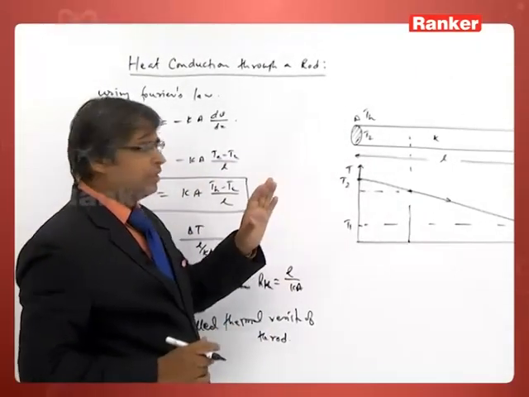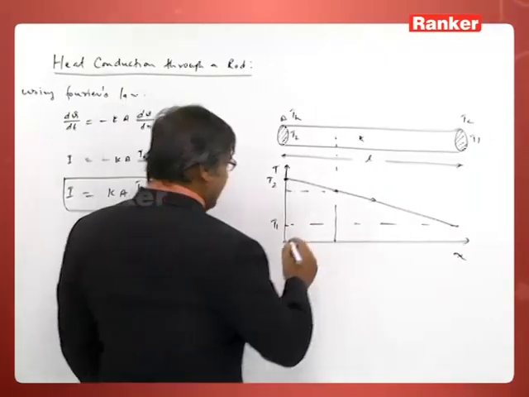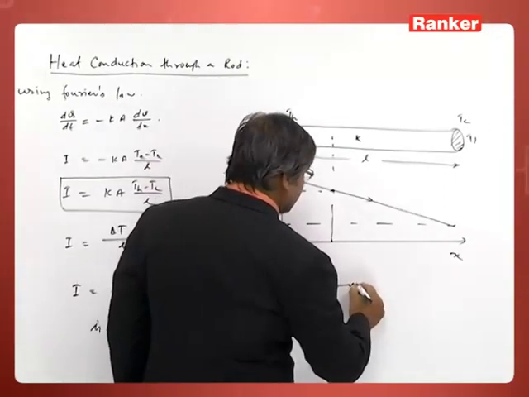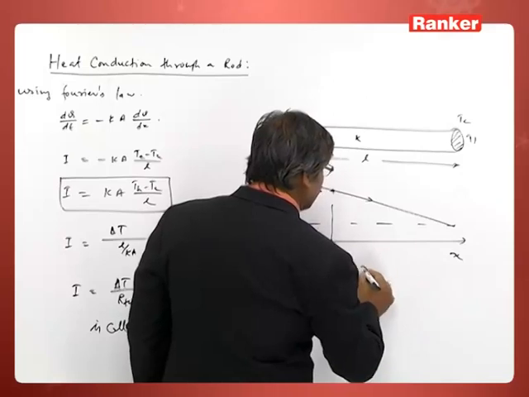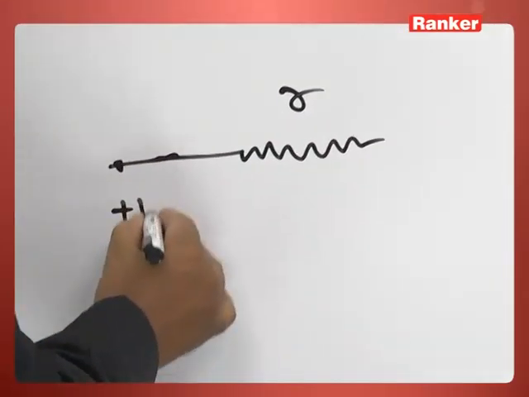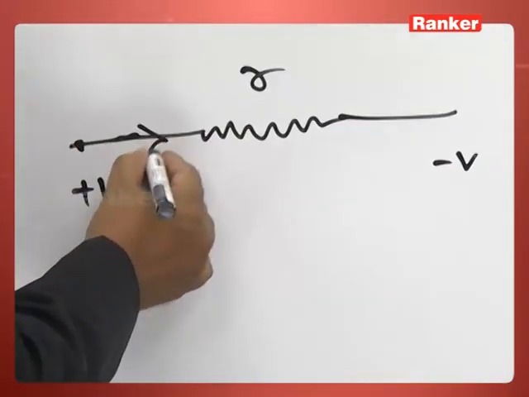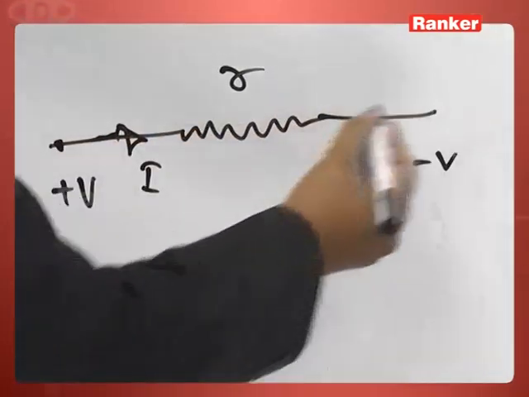Now just compare this with a resistor. Suppose this is a resistor R, and here I have applied plus V voltage and here minus V voltage, and an electric charge current flows.